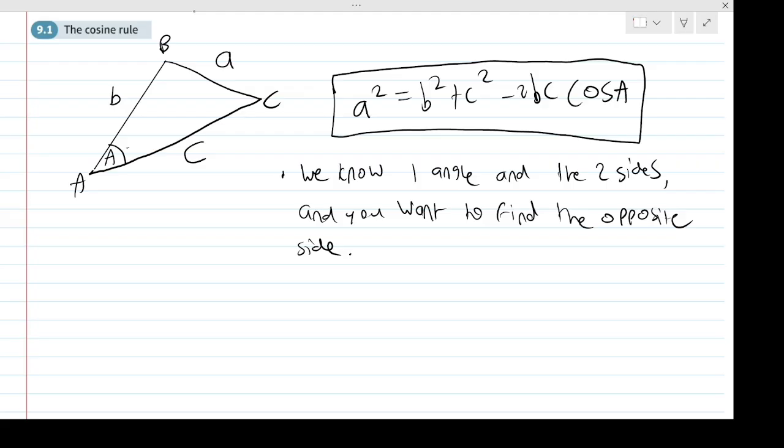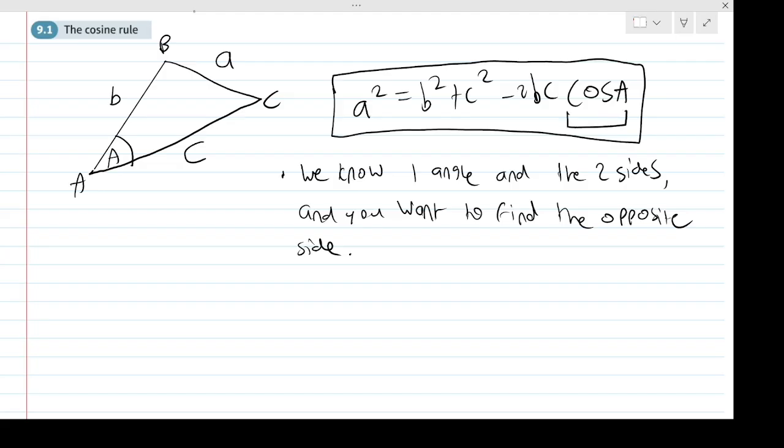But yeah, the other thing to note is we can rearrange it. Say instead we know all three sides, A, B, and C, and we need to find a missing angle. Say again at A, the angle at the point A. We can rearrange this equation for A, right?